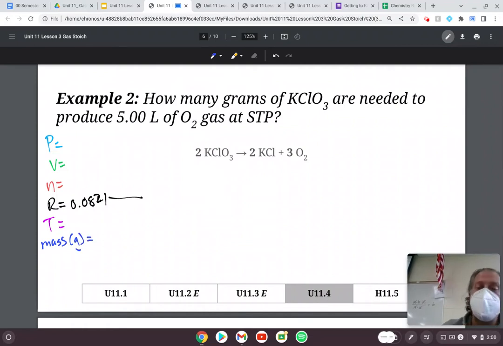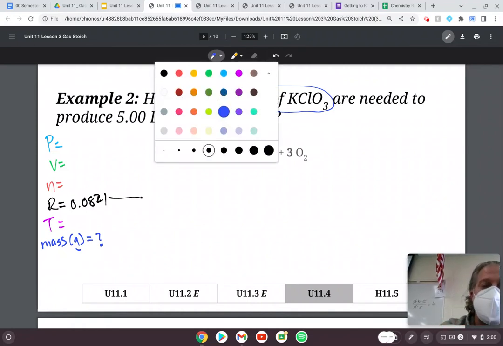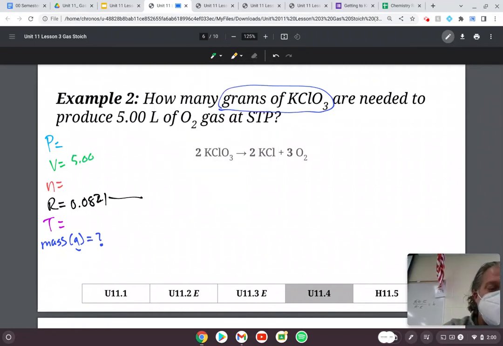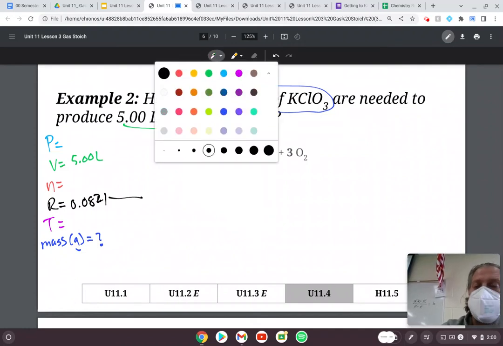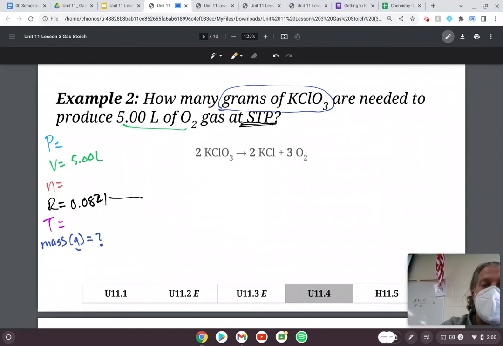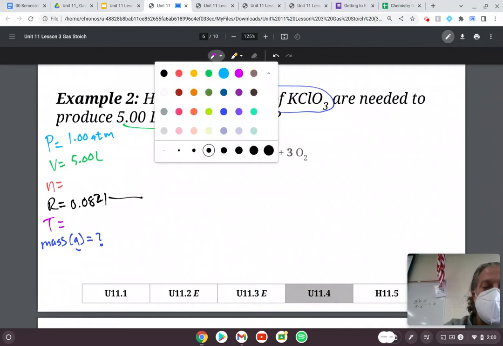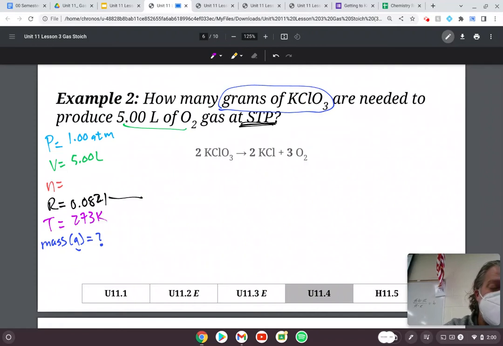So when I read through this problem, the problem says how many grams of KClO3 are needed. So I'm going to be solving for grams of KClO3 needed to produce 5.00 liters of O2 at STP. Well, STP tells us that that's 1 atmosphere, and my temperature is 273 Kelvin.